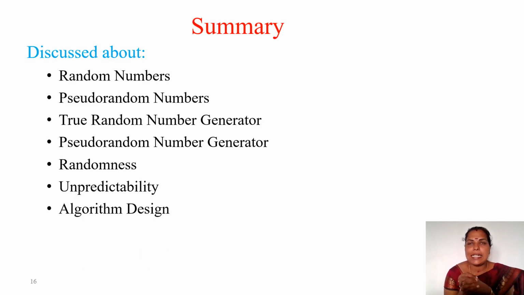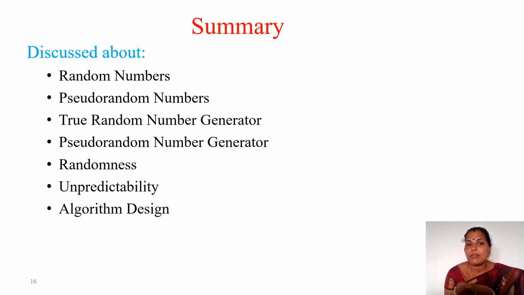So in this presentation we have discussed what is the need for random numbers in cryptographic techniques, then pseudo random number, how we are generating the pseudo random number, what is a true random number generator, then pseudo random number generator, and pseudo random function. What is the difference between pseudo random number generator and pseudo random function? That is based on the number of bits generated or sequence of bits, that's the only difference.